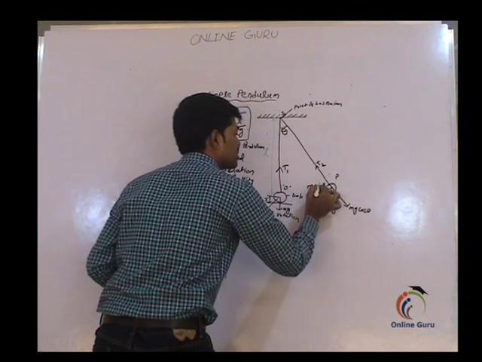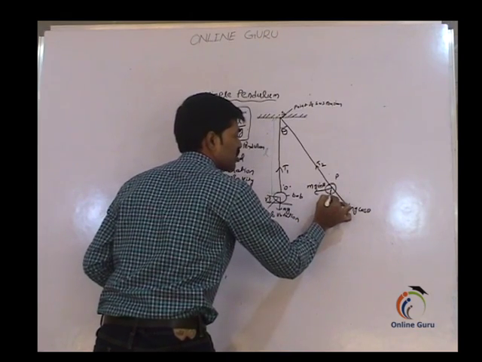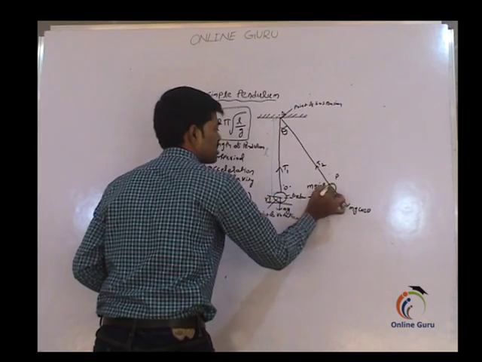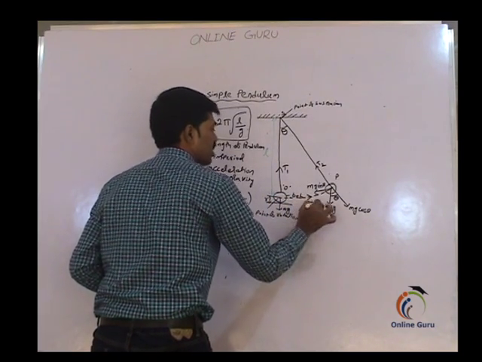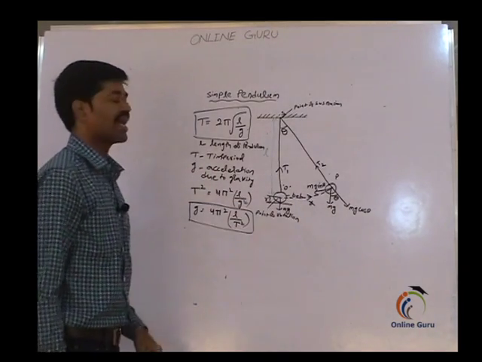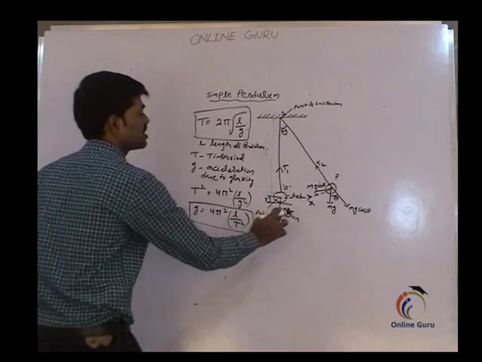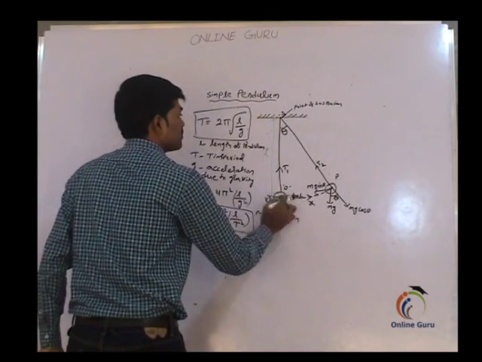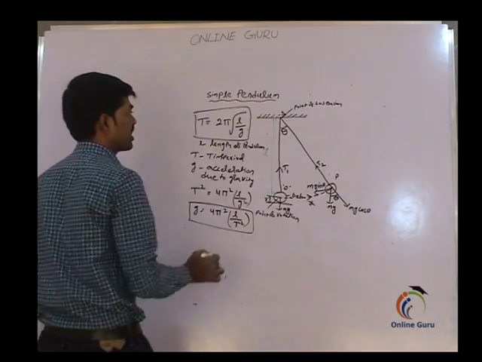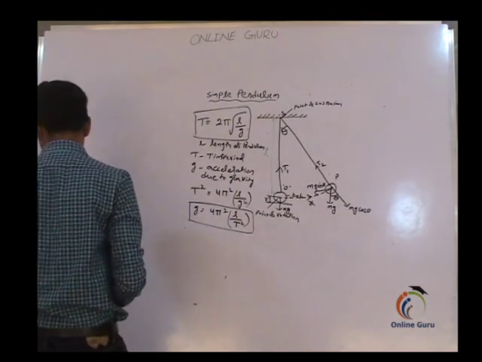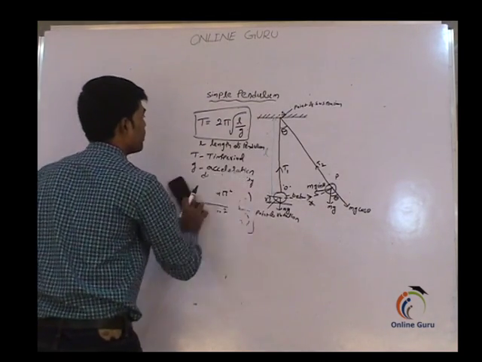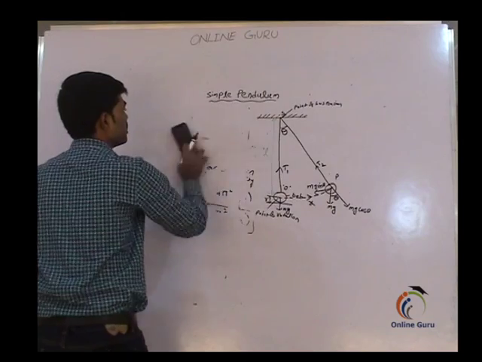This angle is theta. This is the displacement of the pendulum from the mean position to this point, considered as x. X is the displacement and theta is the angle made with the vertical at the point of suspension. Now we will see the expression for the time period of the simple pendulum.